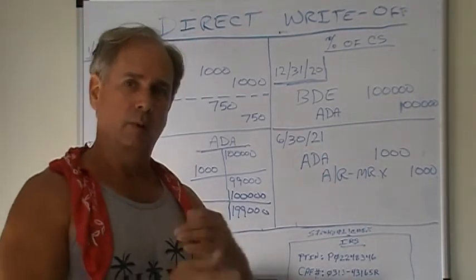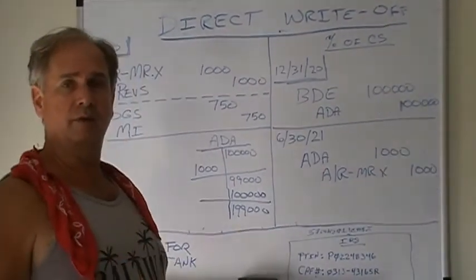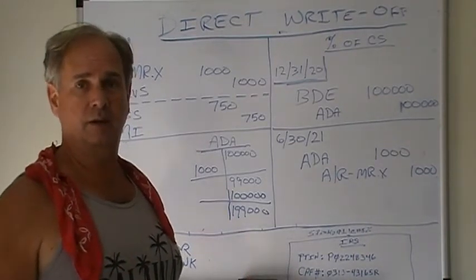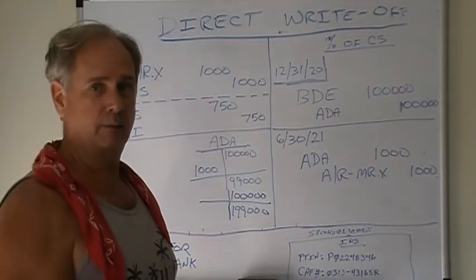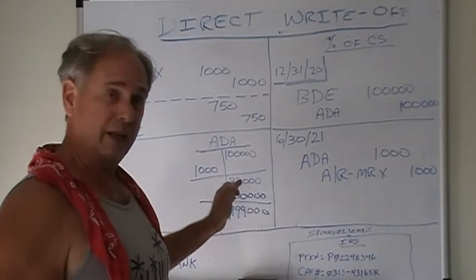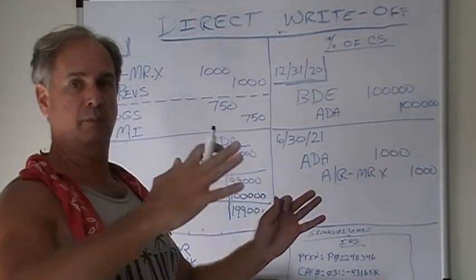So what I'm trying to get across is, if I keep doing it this way, where at the end of every year I just take 10% of the year's credit sales and credit the allowance for doubtful accounts, the allowance for doubtful accounts account just keeps getting bigger and bigger and bigger.